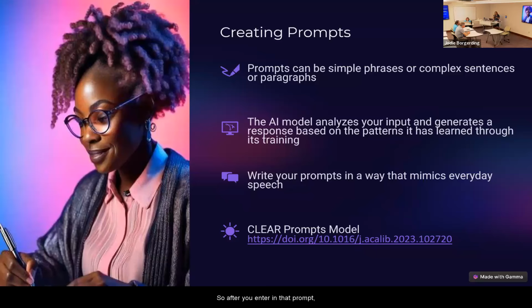After you enter that prompt, the AI model is going to analyze your input and then generate a response based on the patterns it has learned through its training. More descriptive prompts will improve the quality of the outputs, and you should write your prompts in a way that mimics everyday speech. That way AI tools can better understand what you are asking for.